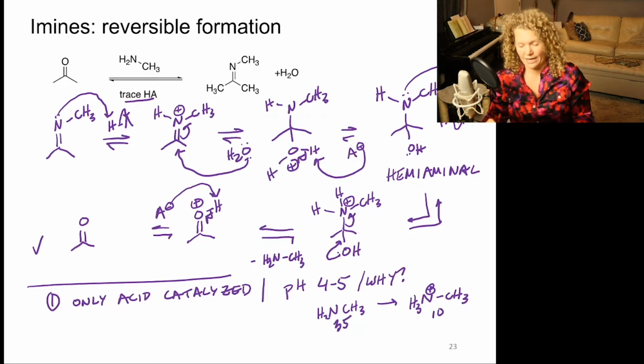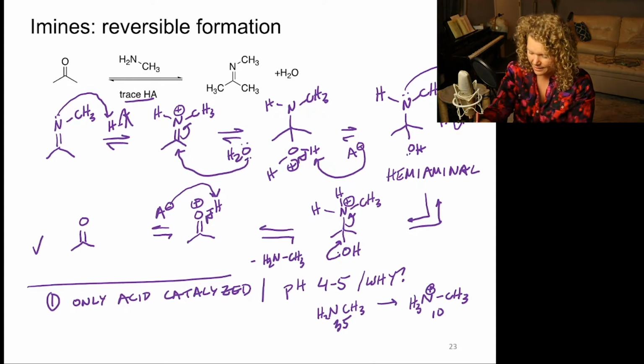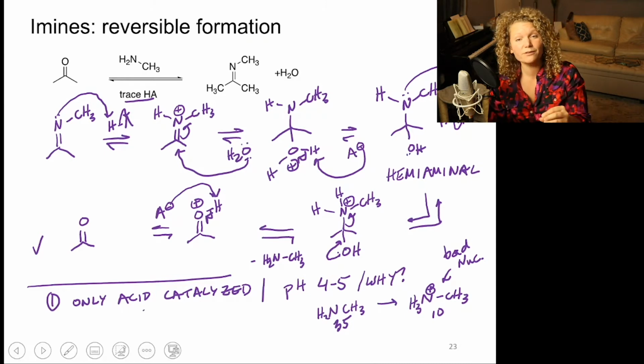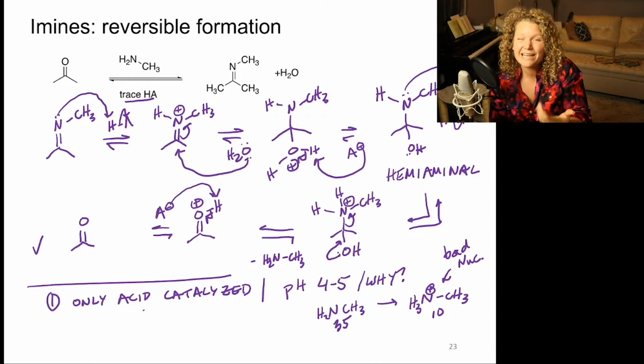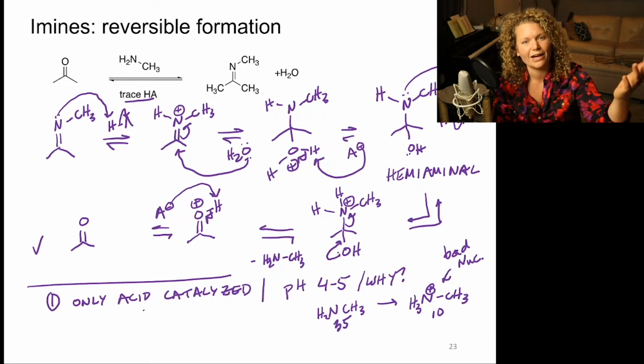Very easy to protonate these. If you have too much acid present, you'll protonate all of your amine. And this is a bad nucleophile. So in order for our amine to be nucleophilic, we need it to be neutral. If it's protonated, it's not going to have that lone pair that could go attack.